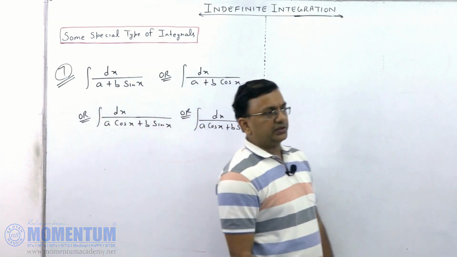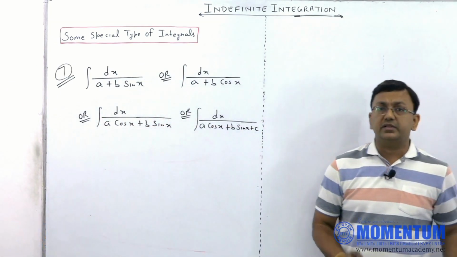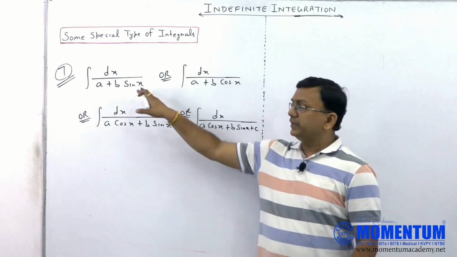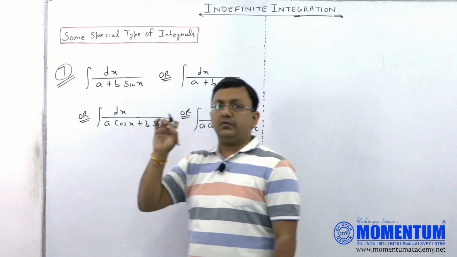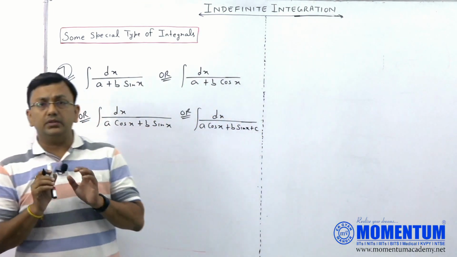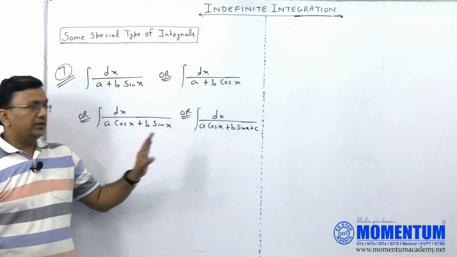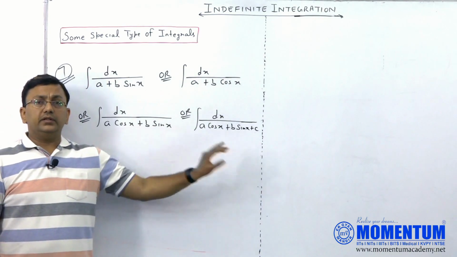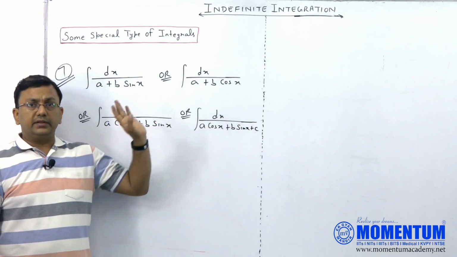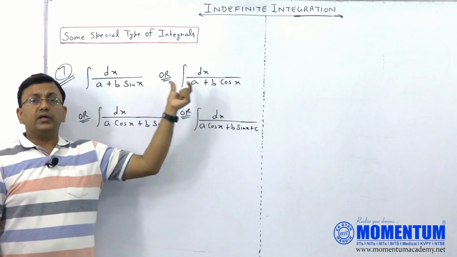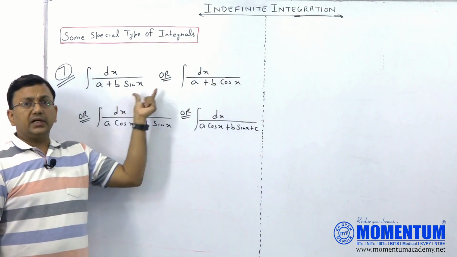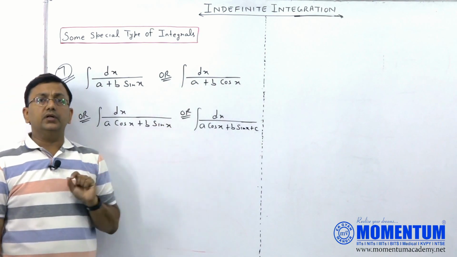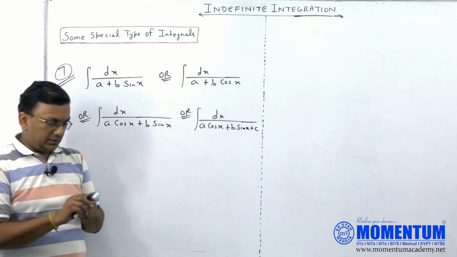Now student, we have special integral number 7. Denominator has term of sine or cos with power 1. Special integral number 7. Before it, we have done number 6. There, sine square, cos square were in the denominator. But here, sine, cos with power 1 in denominator.